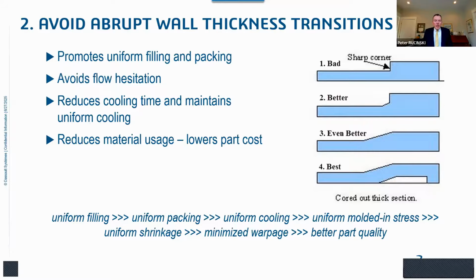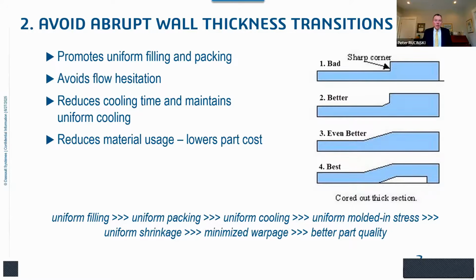throughout your part. And if I had to summarize this whole paradigm, uniform wall thickness results in uniform filling of your mold cavities. That leads to uniform packing. That leads to uniform cooling. That leads to uniform molded-in stress, uniform volumetric shrinkage. That tends to minimize your molded part warpage and just give you a part that has better part quality.